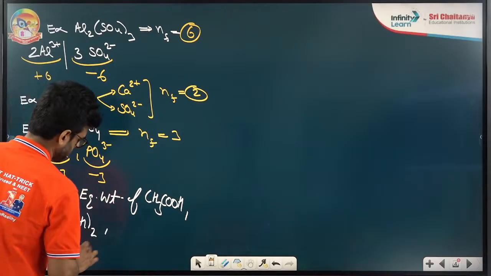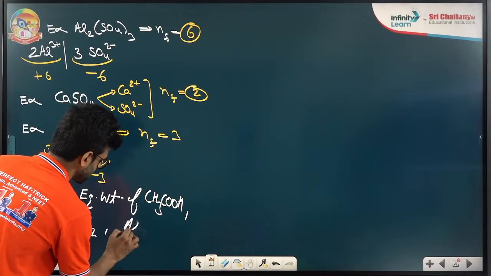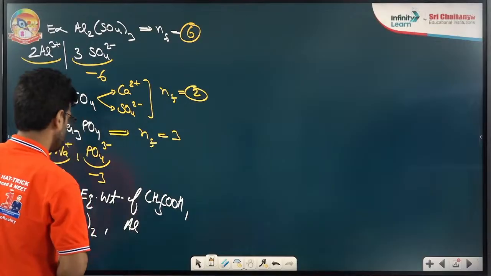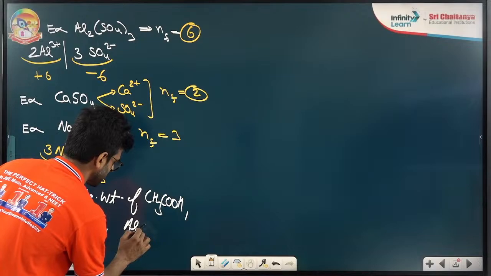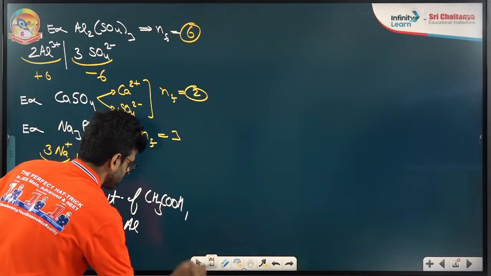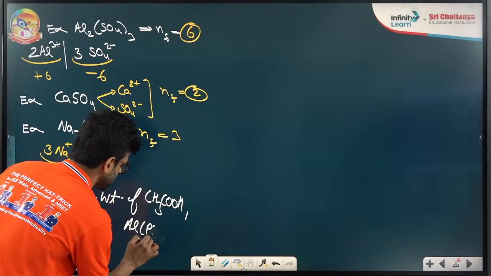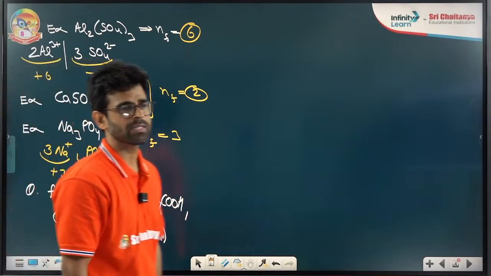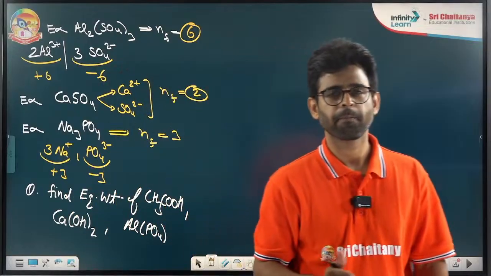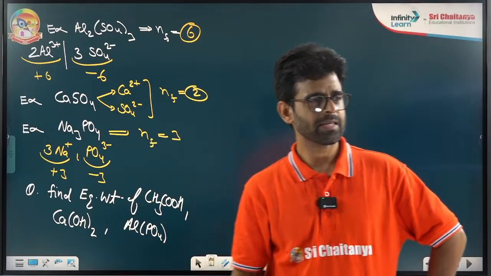And the next, aluminum phosphate or aluminum sulfate, it's your choice. You can take aluminum phosphate, AlPO4, plus 3 minus 3. Tell me fast.